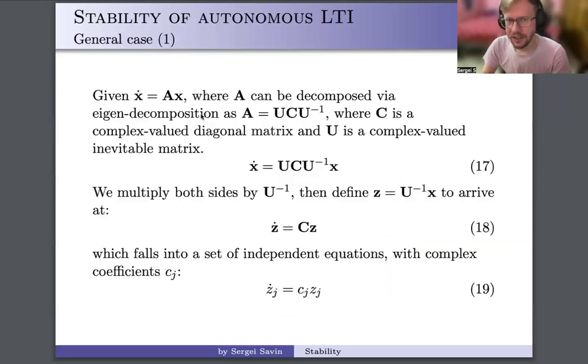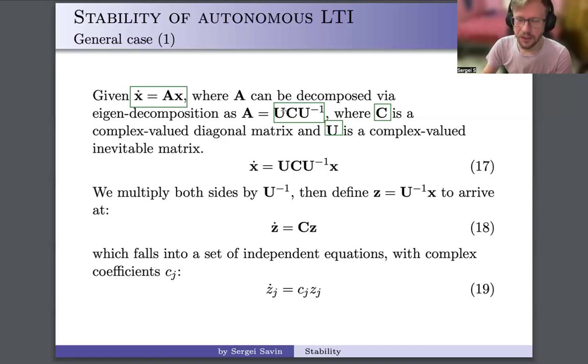All right, now let us generalize this finally to the most general case we are going to consider in this course. So consider the system x dot equals Ax, where A has an eigendecomposition, but with a complex valued C matrix and a complex valued invertible U matrix, right?